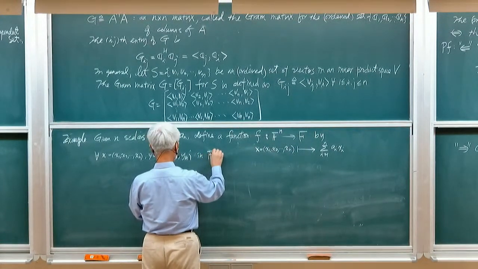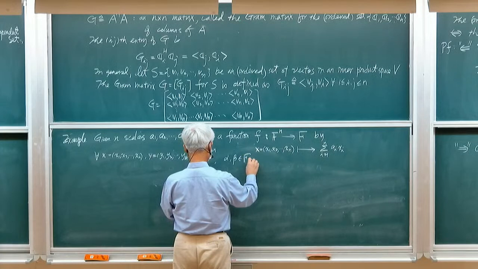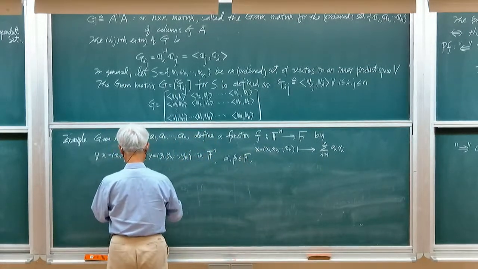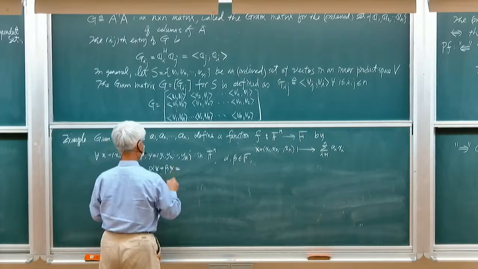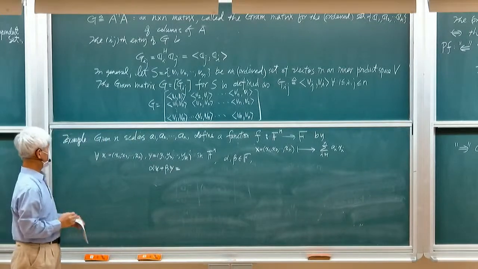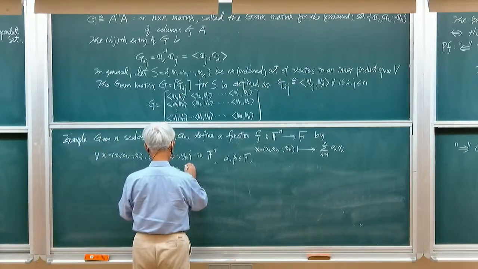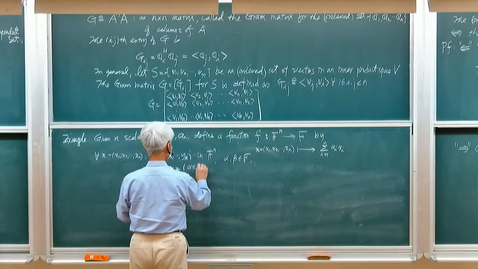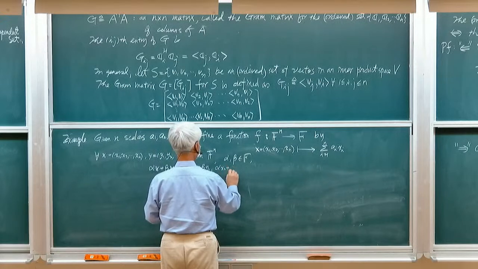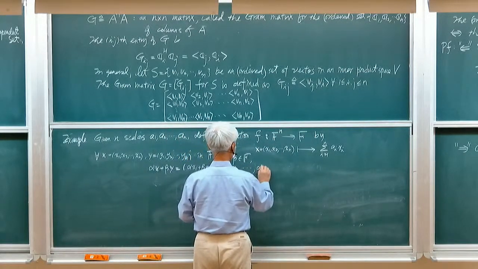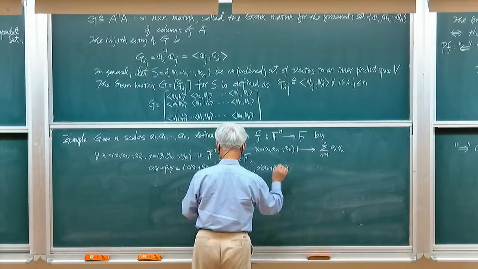We know that the linear combination alpha x plus beta y has components alpha x1 plus beta y1, alpha x2 plus beta y2, etc., alpha xn plus beta yn here.